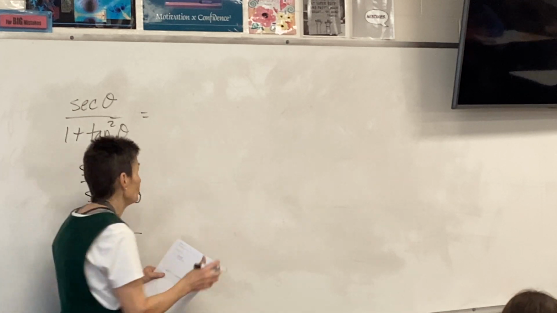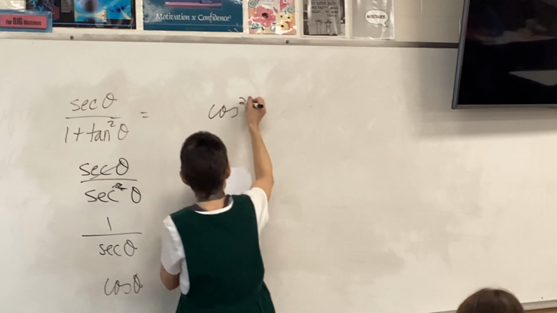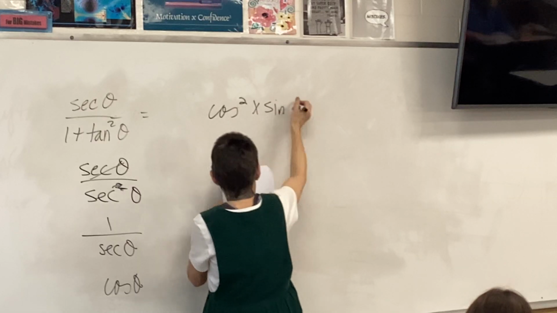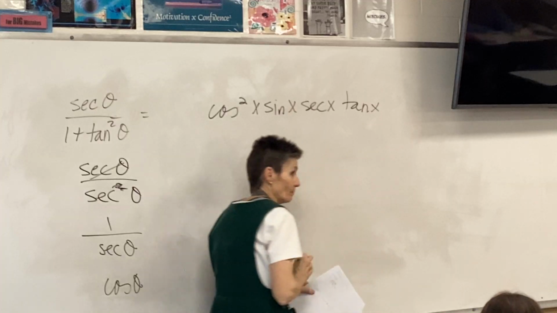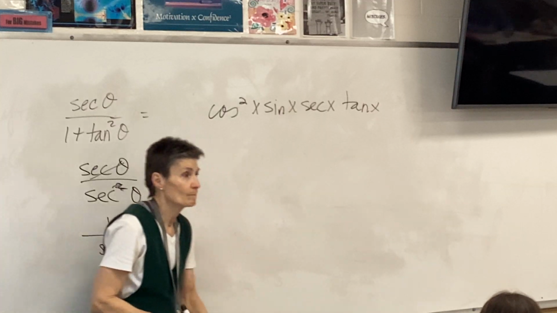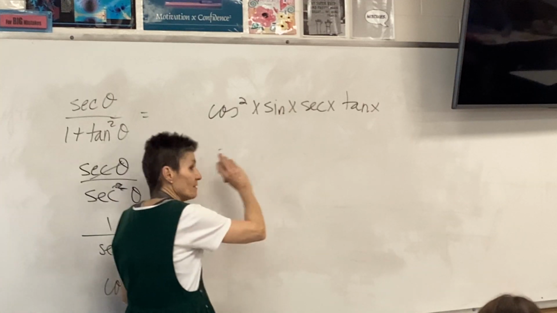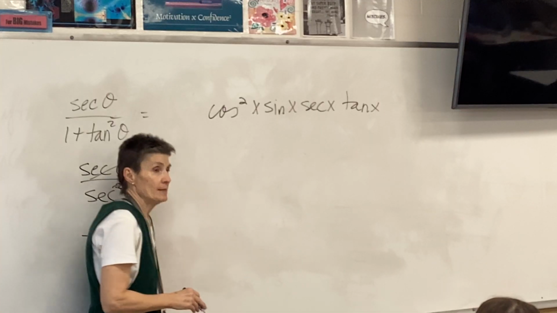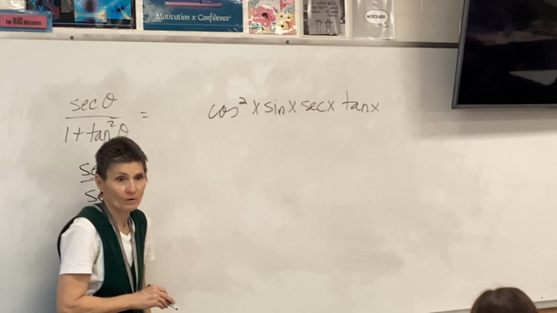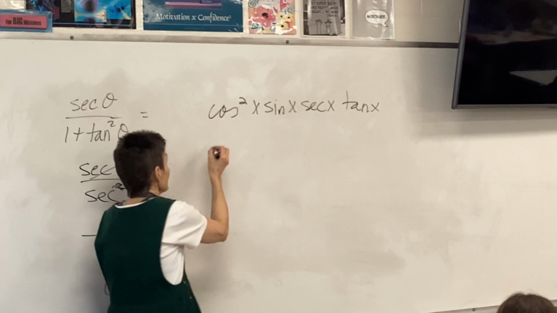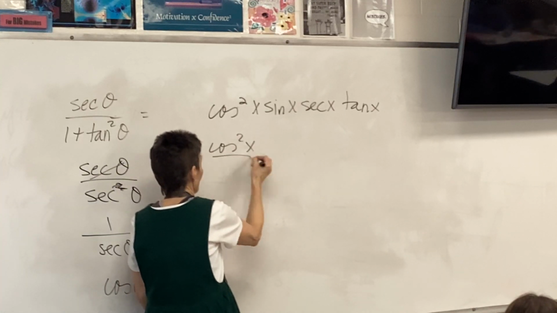All right, number 2. Different kind of problem. What are we going to do with problem 2? We're going to write all of them as fractions. Now, what if it's a cosine? We just put it over 1. So cosine squared over 1.